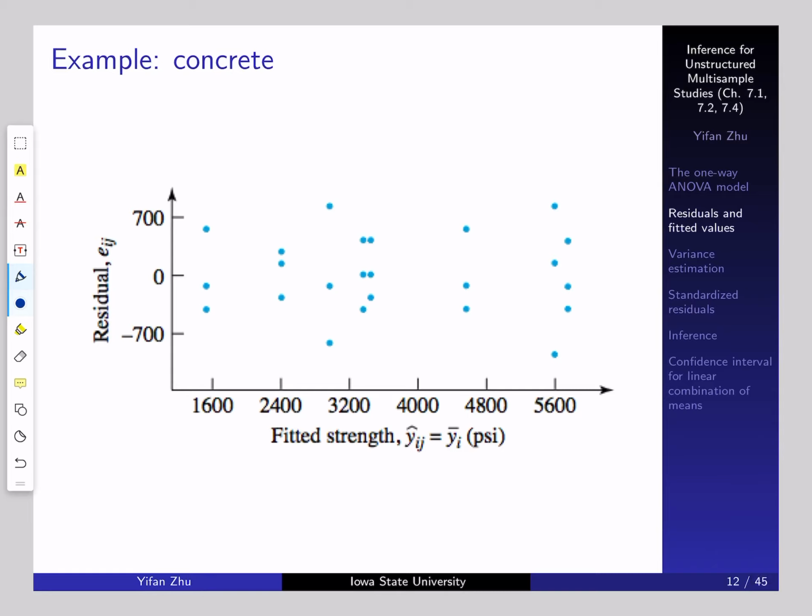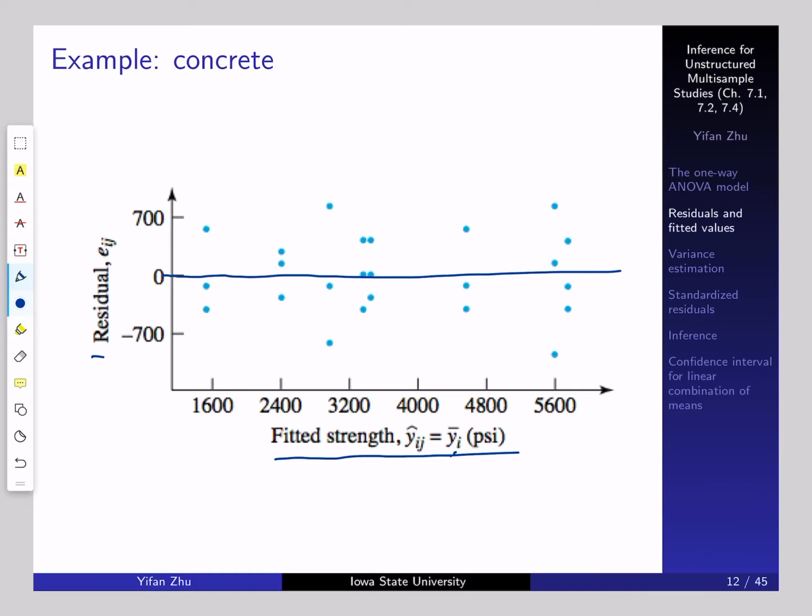And you can do the model diagnostic also using the residual plot. So the residual plot is the residual against the fitted strength Yij hat, also called Yi bar. So in this plot, you can see that if you make a reference line y equals 0, the points are scattered around this line.